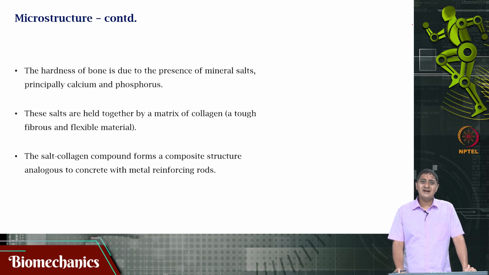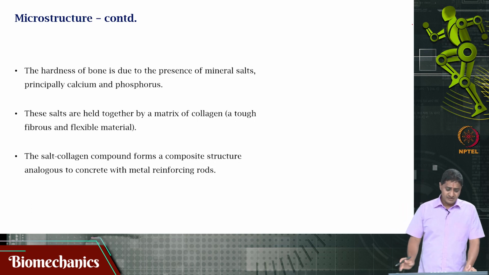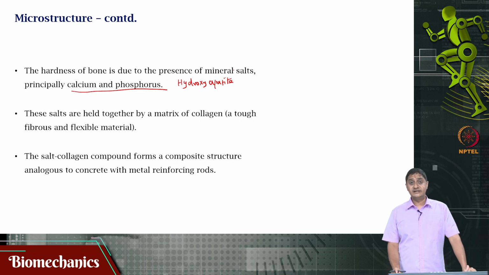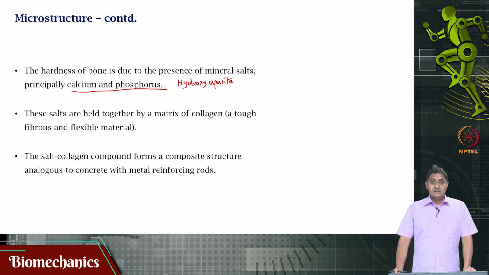Where is this hardness of the bone coming from? That is coming from inorganic materials such as calcium and phosphorus, from a material called hydroxyapatite. Hydroxyapatite is the material, an inorganic material that is responsible for the hardness that you find in the bone.